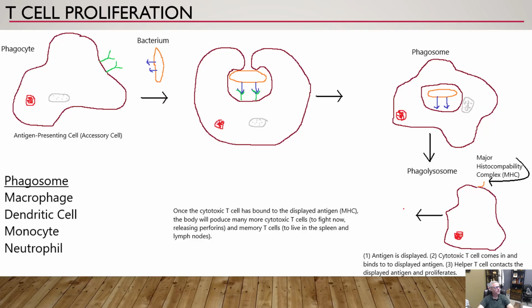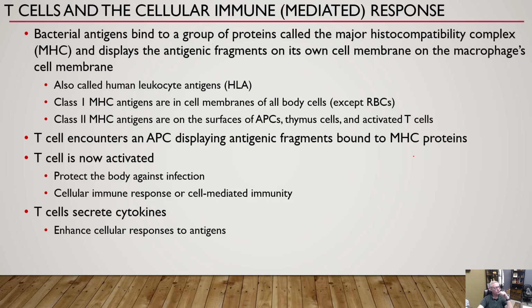All right, so now these bacterial antigens are going to bind to these protein groups. We call these major histocompatibility complexes, or MHCs, that display these antigenic fragments on the macrophage's cell membranes.